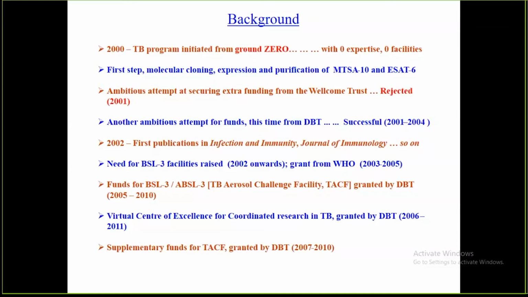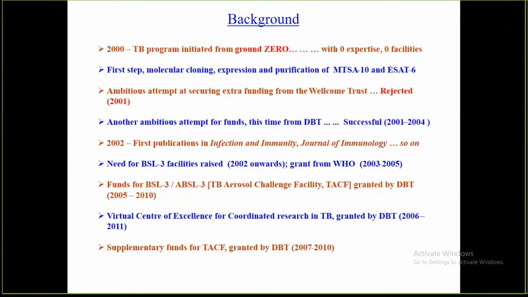Maybe my presentation will give some kind of encouragement, hope, and direction. Although I would say this is a 15-year-old exercise and many things have changed, the basic lessons which we learned, the way we went about putting together a program, that is what I'm going to share.